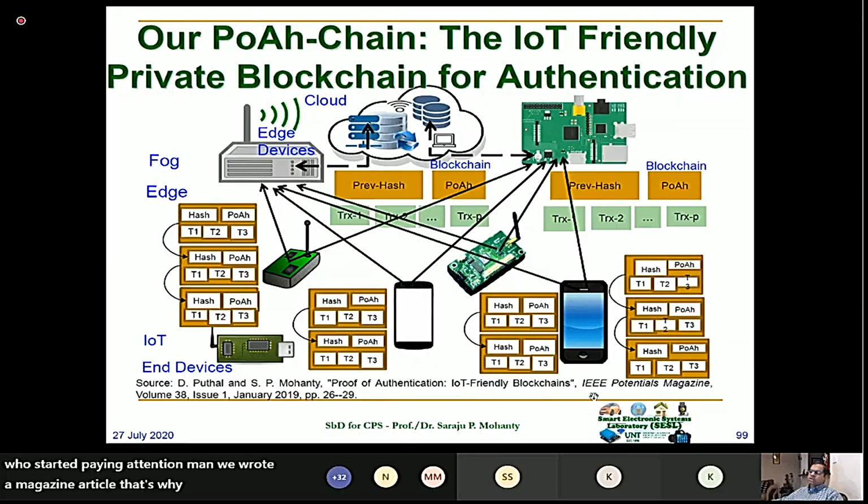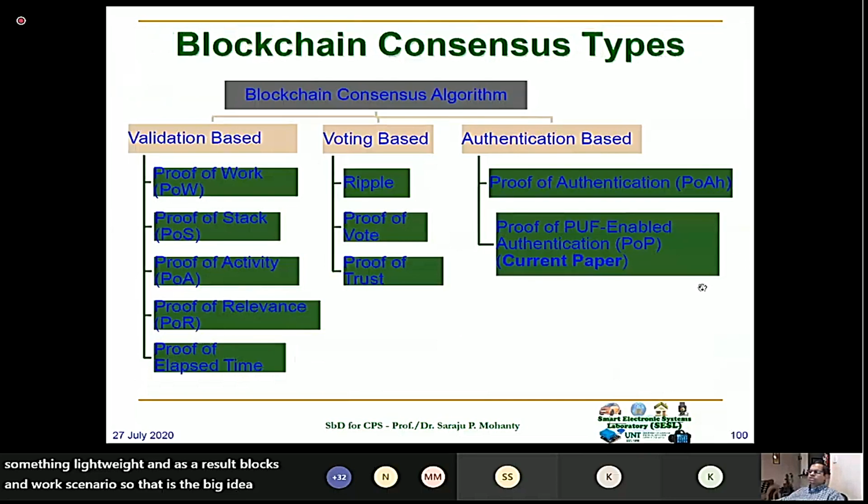That's why in IEEE Potentials, which has a lot more coverage, actually it reaches hundreds of thousands of people, we wrote this. And that is how blockchain is not ready for IoT, and then we came up with the idea of how we can remove the proof of work from the original blockchain and replace it with something lightweight, and as a result, blockchain works in IoT. That was the big idea, and we have very good results.